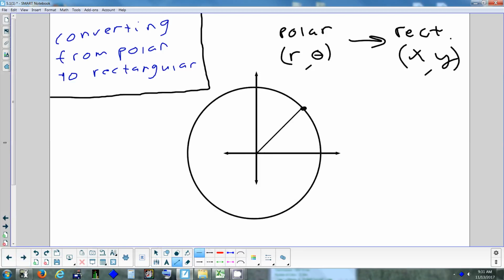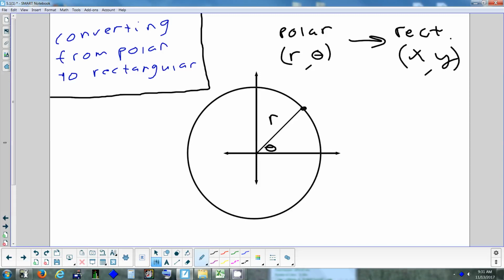What is that distance that I just drew? Yeah, that's my radius. It's the distance from the center of the circle to the circumference. That's the radius. And now the angle is right there. That's the angle formed with the positive x-axis.